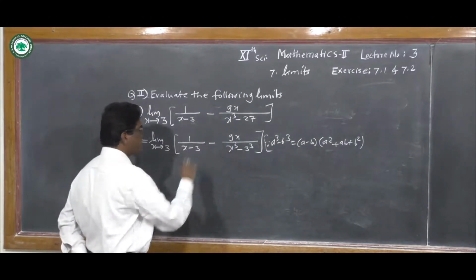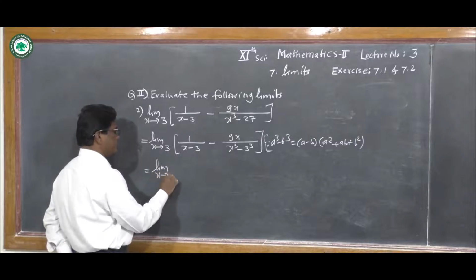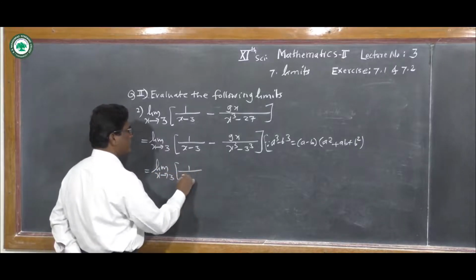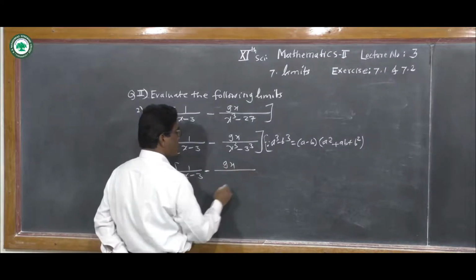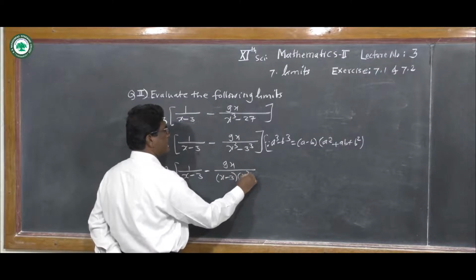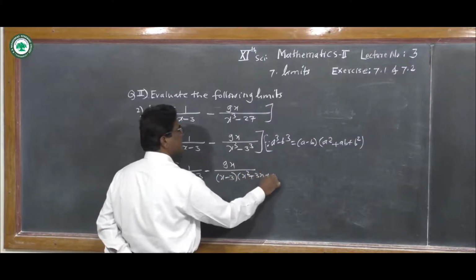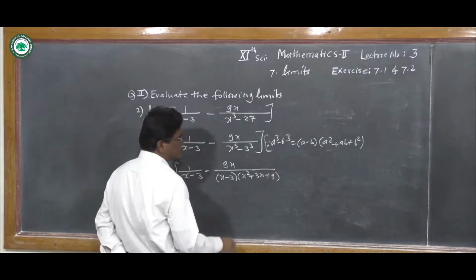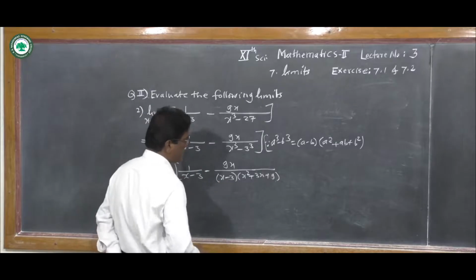So we write here, limit as x tends to 3 in the bracket 1 upon x minus 3 minus 9x upon x minus 3 in second bracket x square plus 3 into x, that is 3x, plus 3 square, that is 9. Okay, a square plus ab and plus b square.